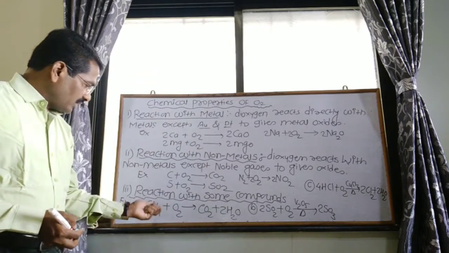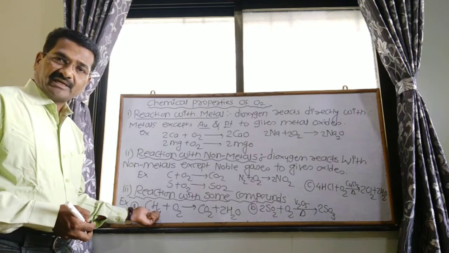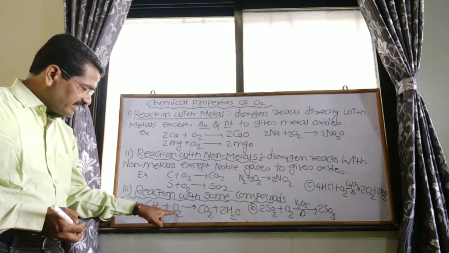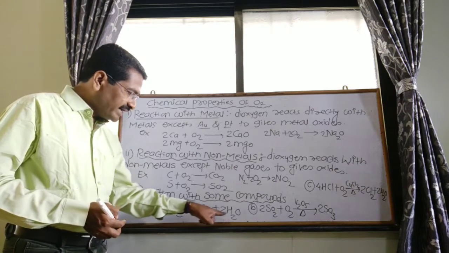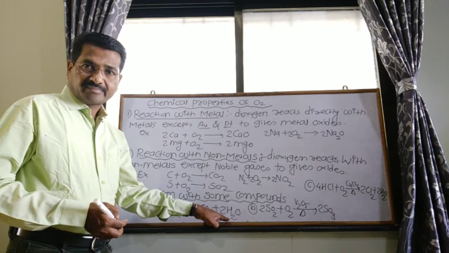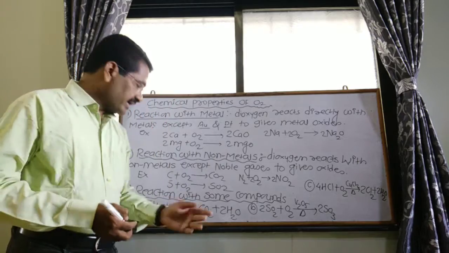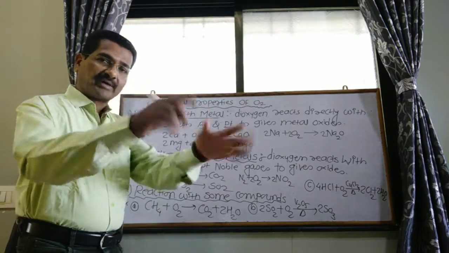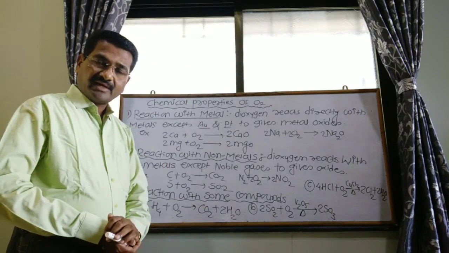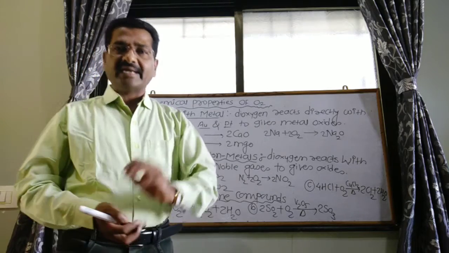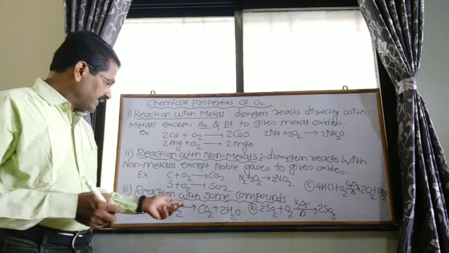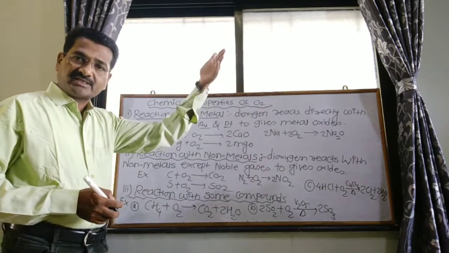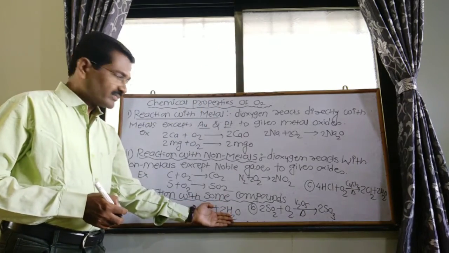For example, CH4, methane, is a hydrocarbon that burns in oxygen to form carbon dioxide and water. Dioxygen can react with any hydrocarbon, whether aliphatic, aromatic, cyclic or non-cyclic, giving carbon dioxide and water.